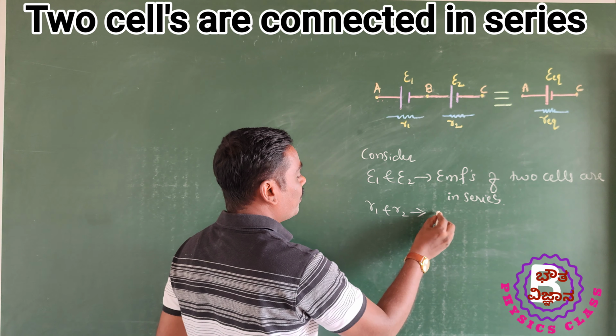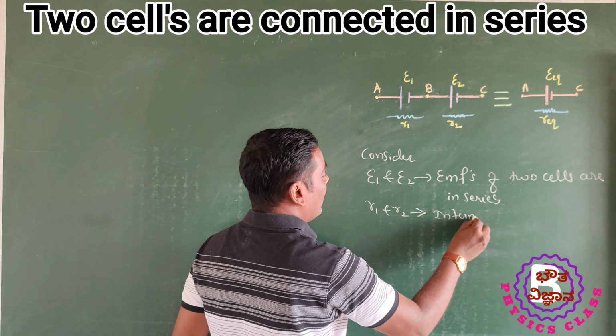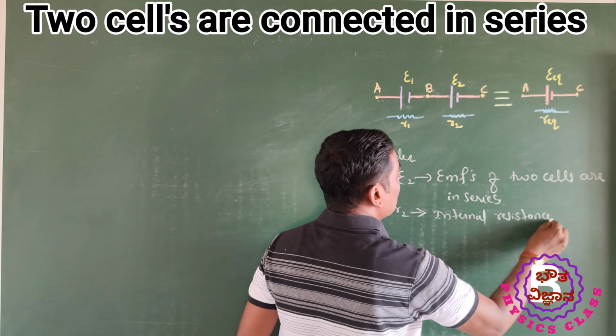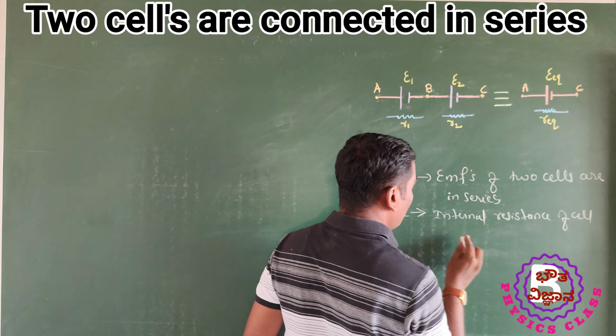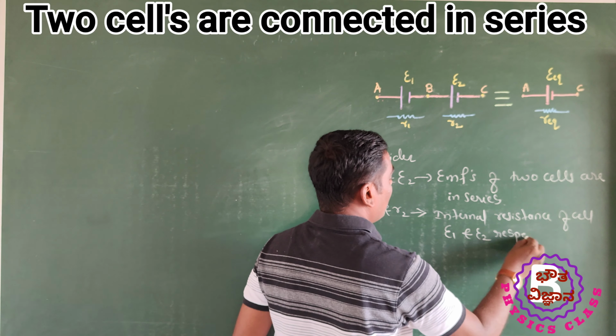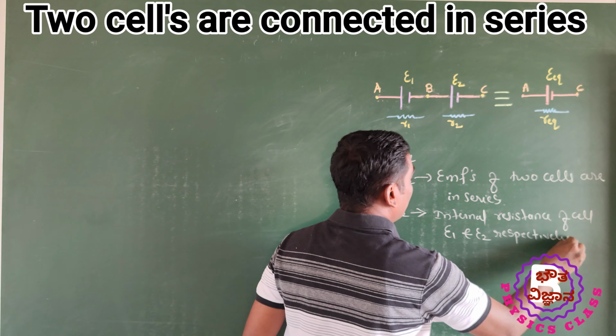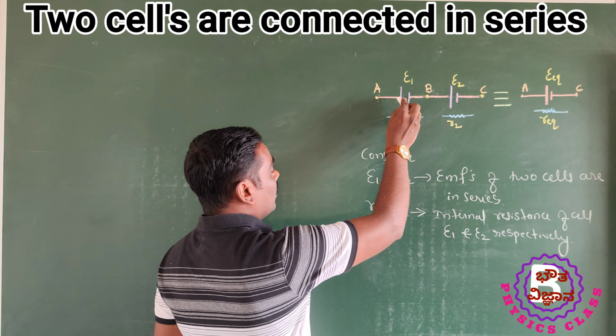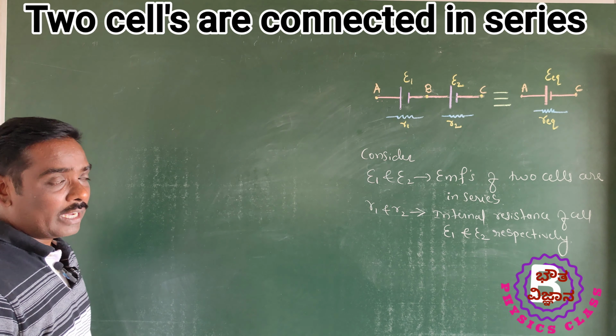So R1 and R2 are the internal resistance of cell E1 and E2 respectively. Okay, this is the end-to-end connection. Now consider.